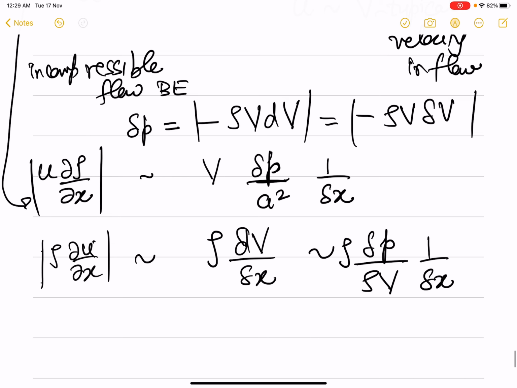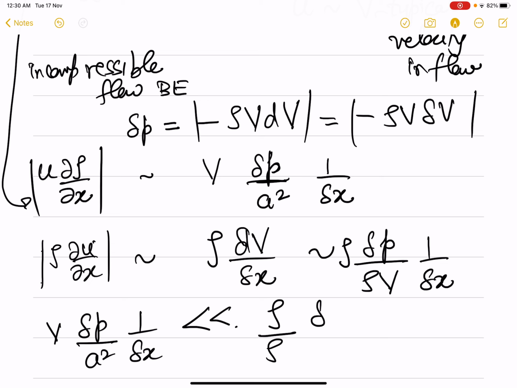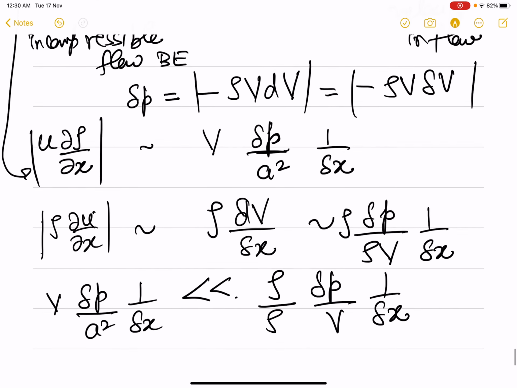So now what I have is v delta p upon a square into 1 over delta x is much less than rho upon rho delta p upon v into 1 over delta x.